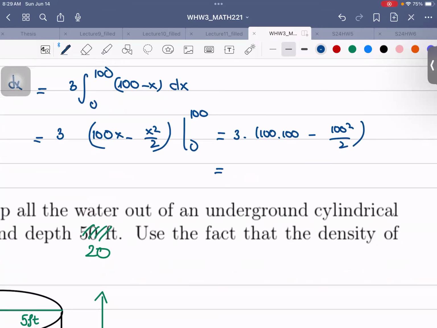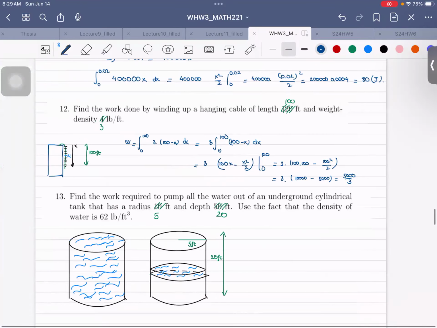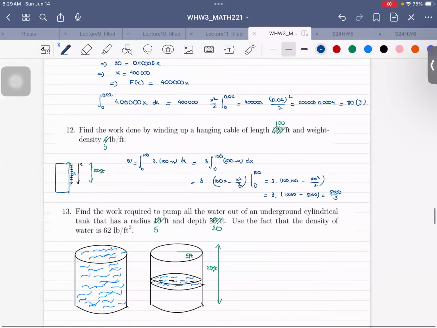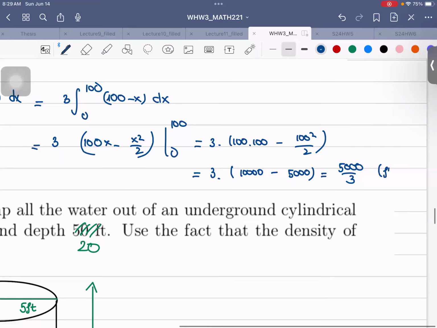So at the end, you will have 3 times 10,000 minus 5,000. So you have 3 times 5,000. Okay, and the unit is foot-pound.